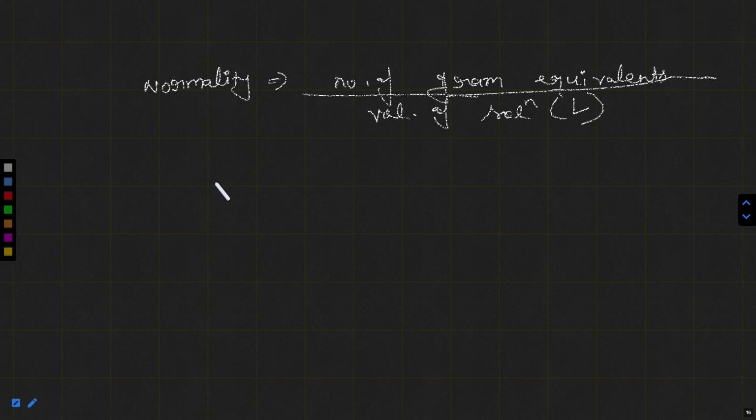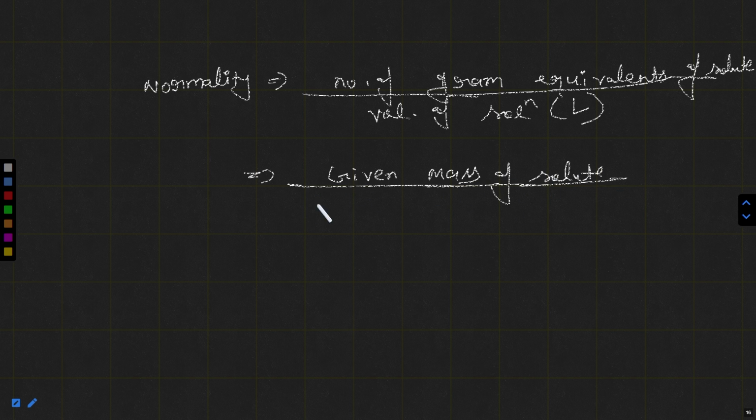So the number of gram equivalents of solute is given mass of solute divided by equivalent mass of solute.